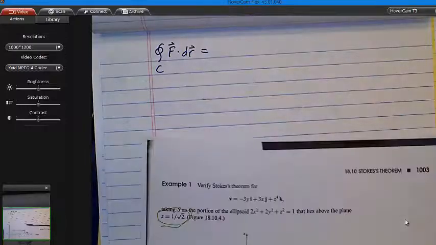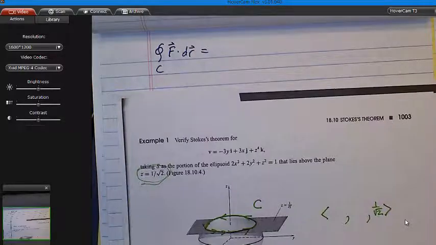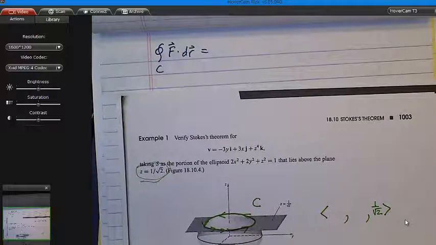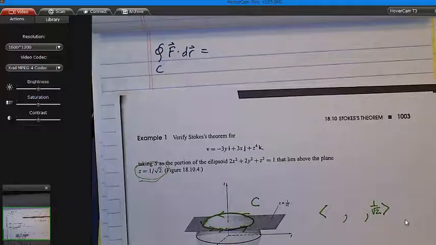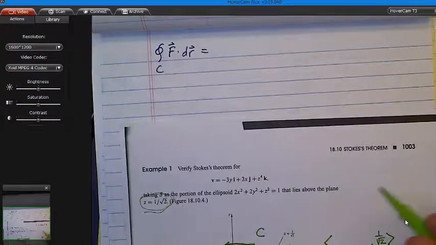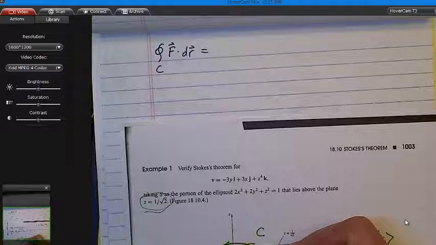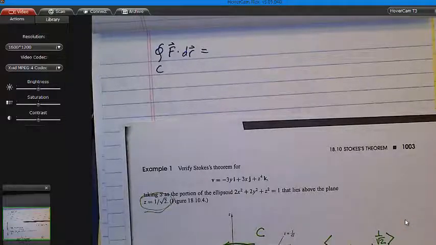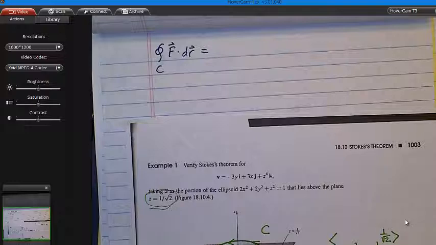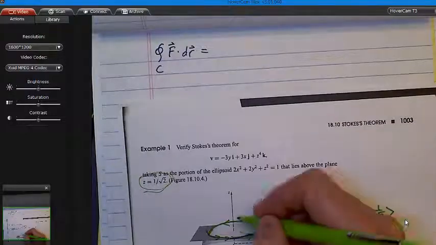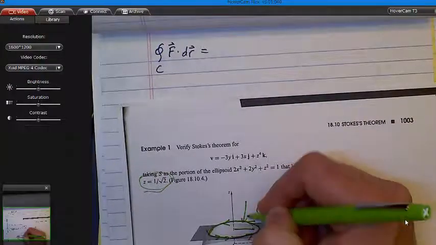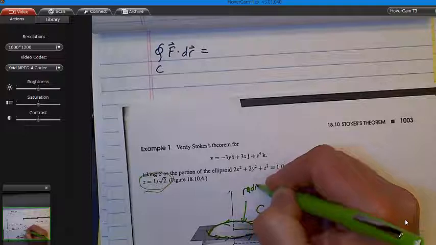Oh, 1/4 cosine theta, or cosine theta. Why would it be 1/4? Because that's the radius. Well, wasn't the radius 1/2? I think we had x squared plus y squared is a quarter, and the square root of a quarter is a half, right? So this is basically radius 1/2.